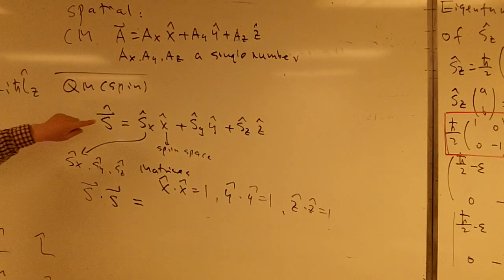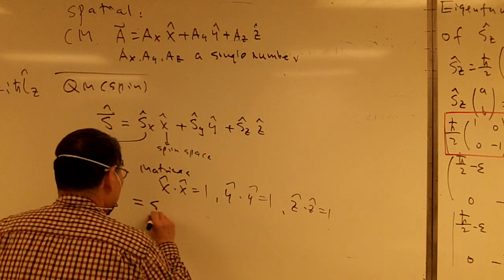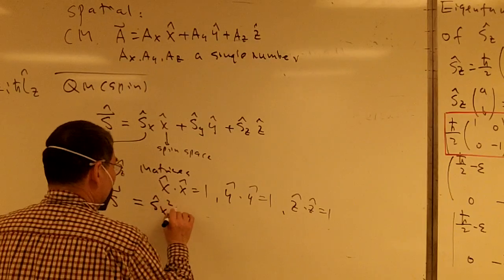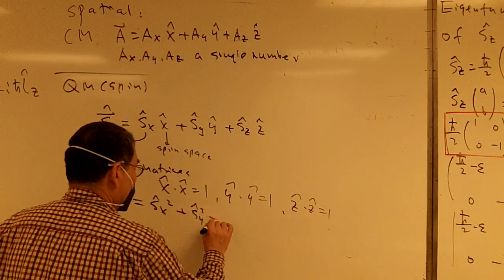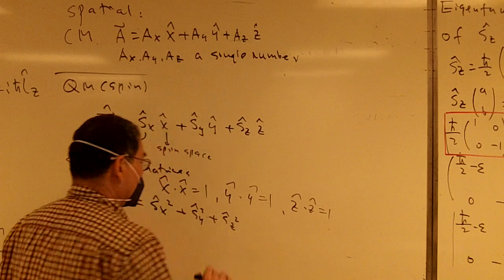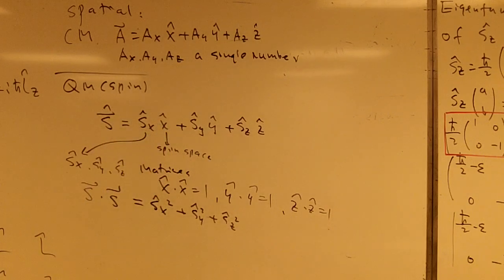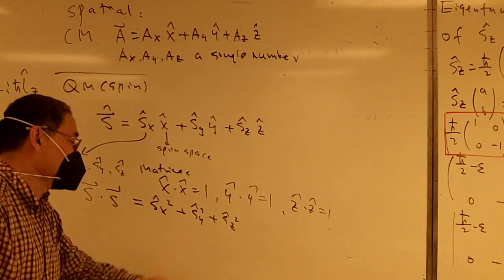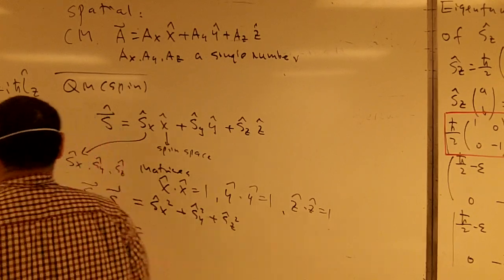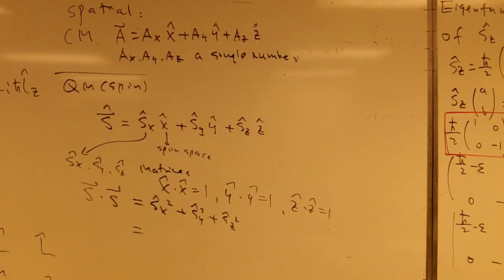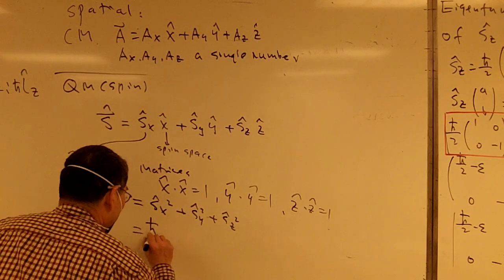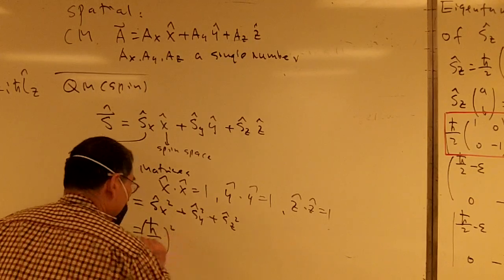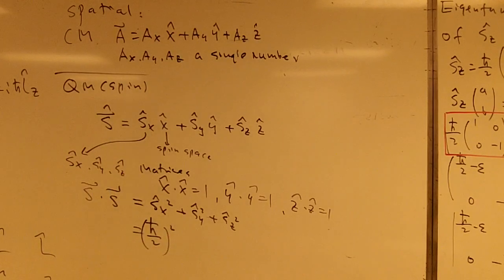Therefore, we only have 3 terms remaining: Sx squared plus Sy squared plus Sz squared. So these matrices survive. Because every one of these matrices has h bar over 2, you will see (h bar over 2) squared. Okay? And this is what we have.